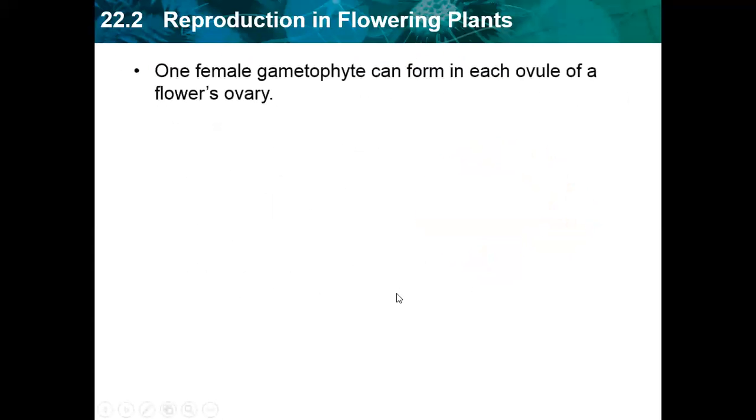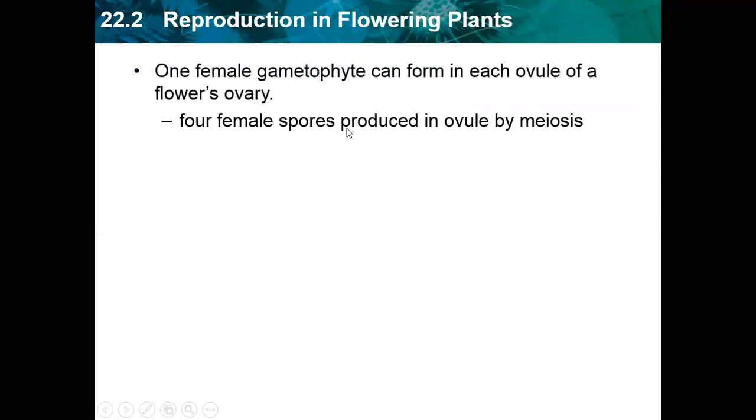And also, one female gametophyte can form in each ovule. In each ovule of the flower's ovary, which is like the female sex cell, you can have one female gametophyte forming in it. Now, 4 female spores are produced in the ovule by meiosis.